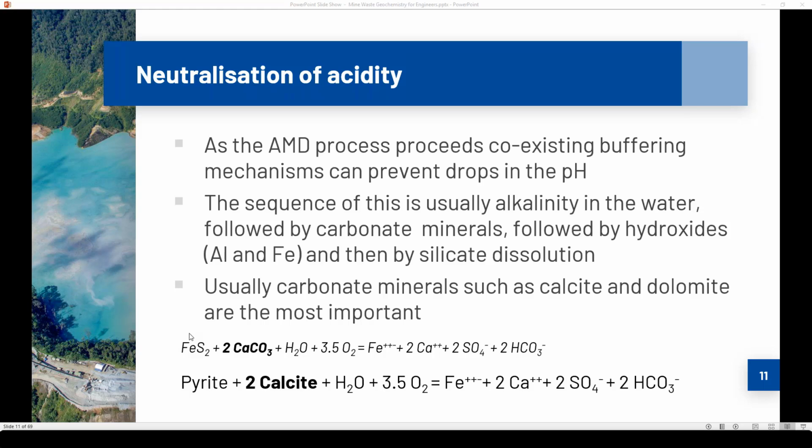Showing the reaction right at the bottom there, we've got pyrite, and you need twice as many moles of calcite to neutralize that, and the reaction product from that full reaction still gives us a whole bunch of calcium and sulfate and iron too, which then can precipitate. So just because it's neutralized does not mean that there are no other reaction products.